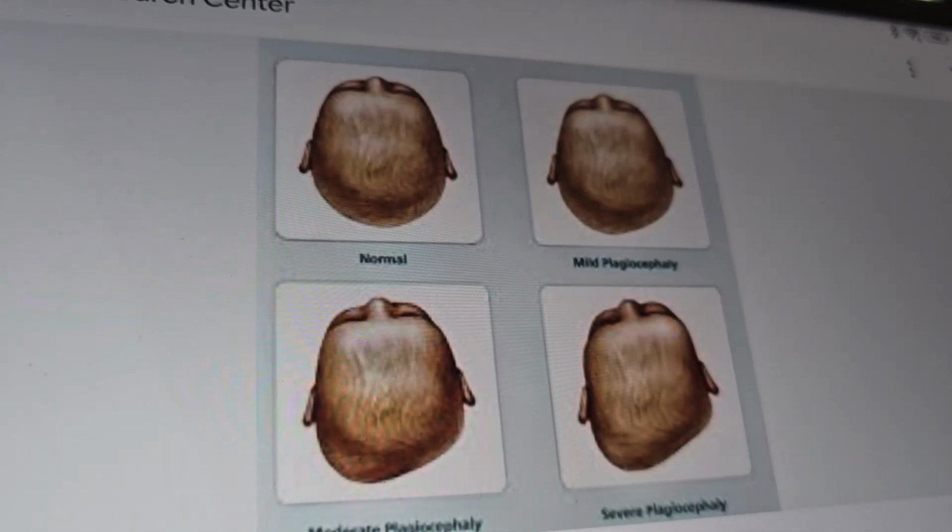Here you may appreciate a normal skull, and in comparison beside it the picture of a mild plagiocephaly, below the normal a moderate plagiocephaly, and on the left bottom a severe plagiocephaly, showing how the shape changes.